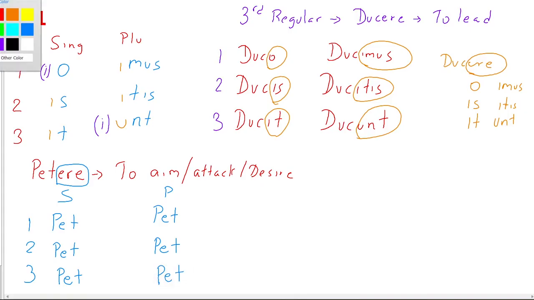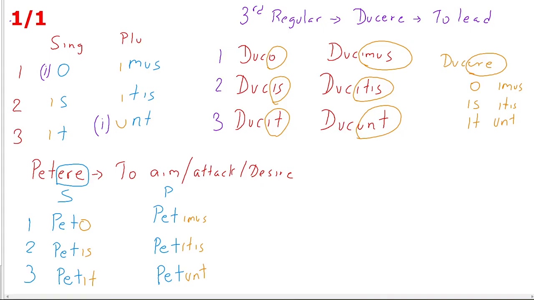Now we shall add the other endings. So for the first person singular, we will add O. So we have peto, then we add is, petis for the second person singular, petit for the third person singular, petimus first person plural, petitis second person plural, and petunt for the third person plural.